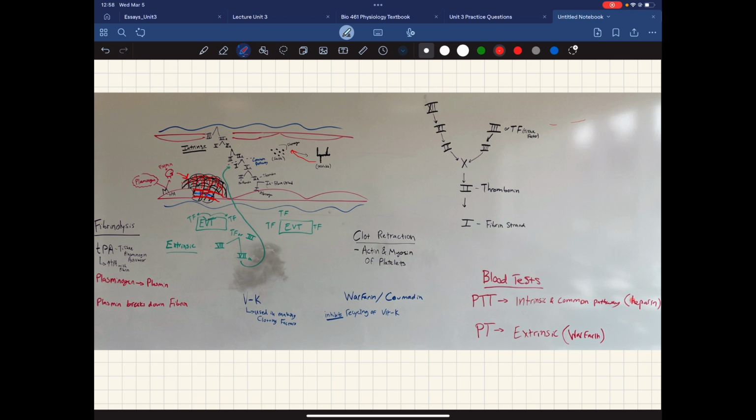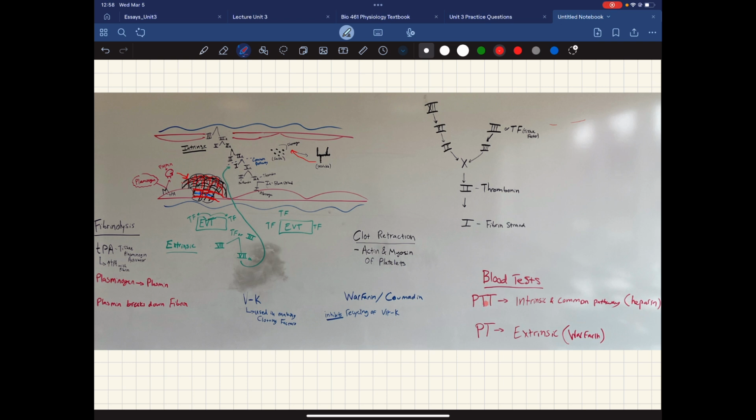And the reason why this is important, if someone's on a medication like heparin, we're trying to regulate the ability of their blood to coagulate or clot. And so we want to keep them within a healthy range, and give them the correct dose of heparin.